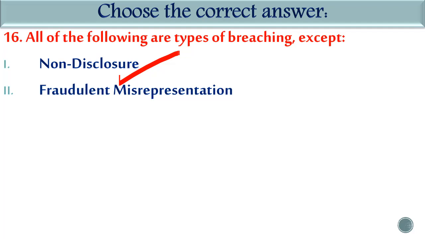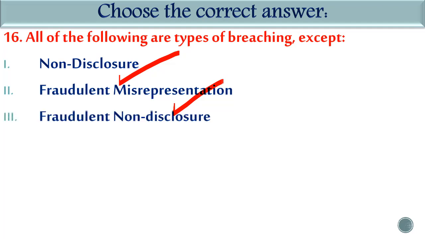Both classifications can be combined to produce four categories as follows: fraudulent misrepresentation, which is also a type of breaching, non-fraudulent misrepresentation, fraudulent non-disclosure, and finally non-fraudulent non-disclosure.